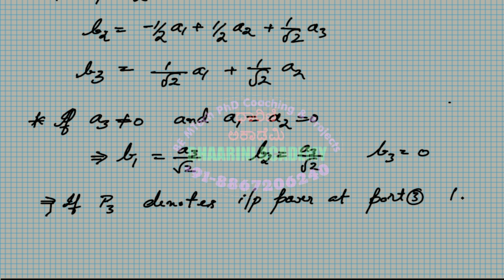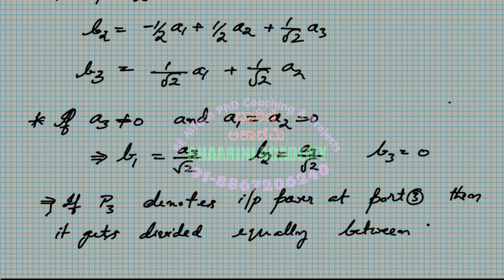Then it gets divided equally between ports 1 and 2.